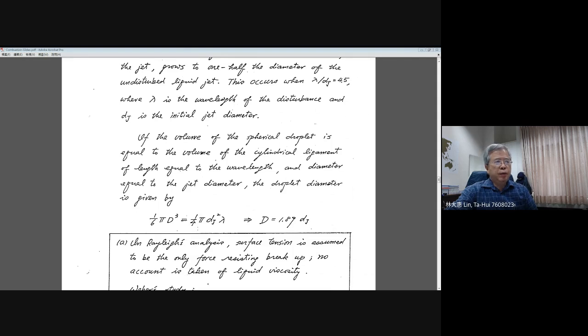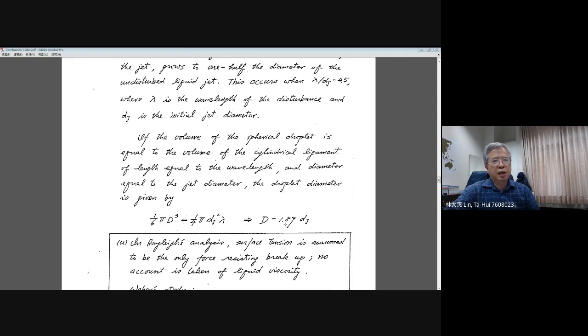The total volume will equal a spherical droplet volume, that means 1/6 times pi times d cubed. By these definitions, the volume of your droplet equals the volume of the liquid current. Then you can estimate the droplet size.